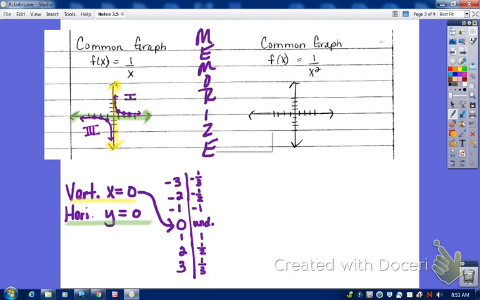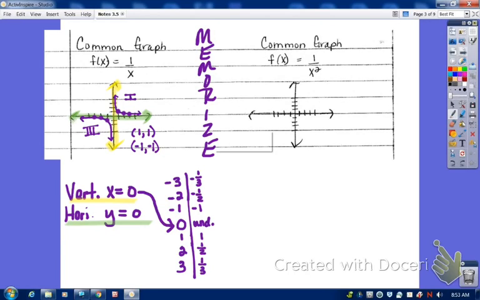So 1 over x, you have one piece of the graph in the first quadrant, you have another piece of the graph in the third quadrant, and you're going to memorize two ordered pairs. You're going to memorize 1, 1, and you're going to memorize, what's the other one going to be? -1, -1, and the rest of it's just going to be a sketch. Okay? It's just going to be a sketch.